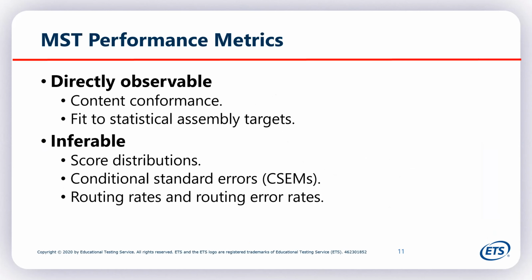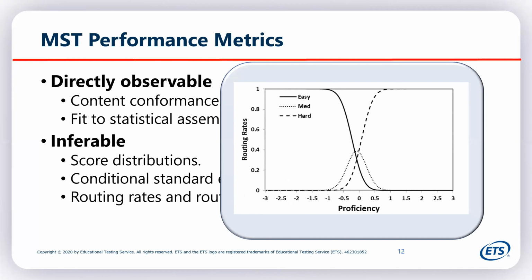The third thing we can look at is the routing rates and the routing error rates. The routing rates are shown conditionally here, again for the simple 1-3 design that ETS seems to strongly prefer. The lines here are the conditional probabilities of examinees at any given proficiency level being routed into either the easy, the medium, or the hard paths.